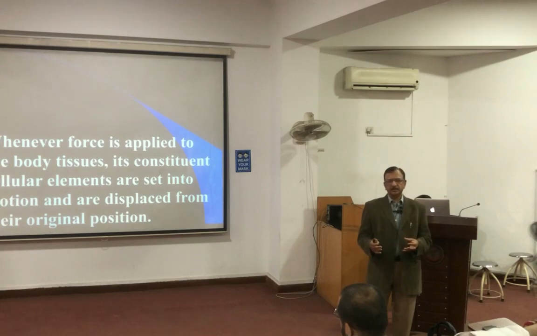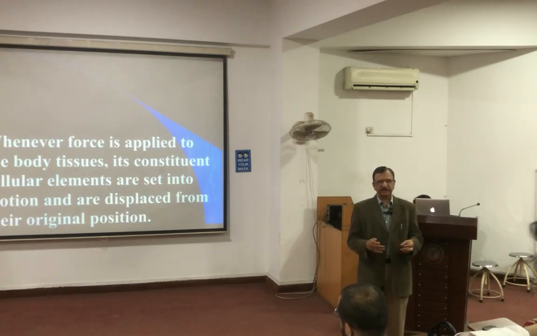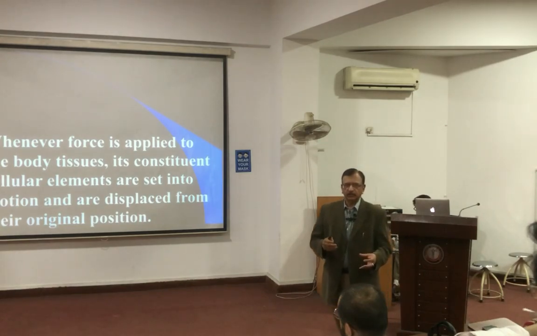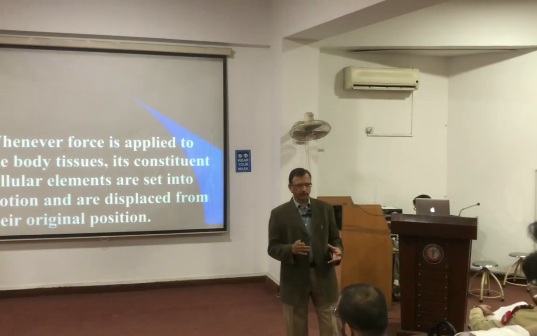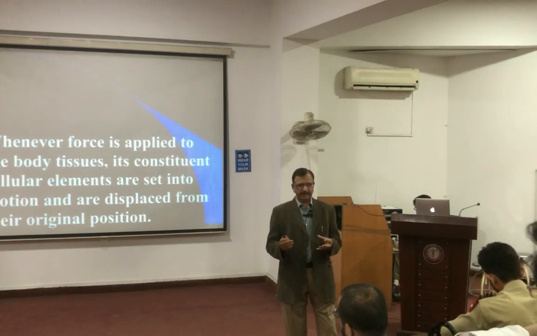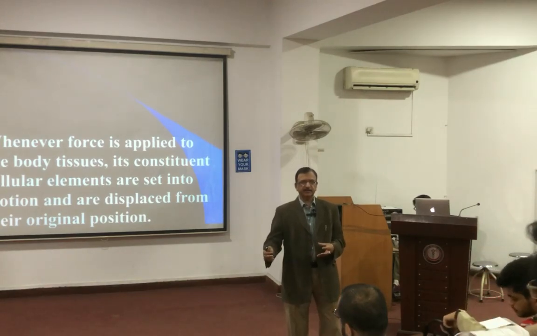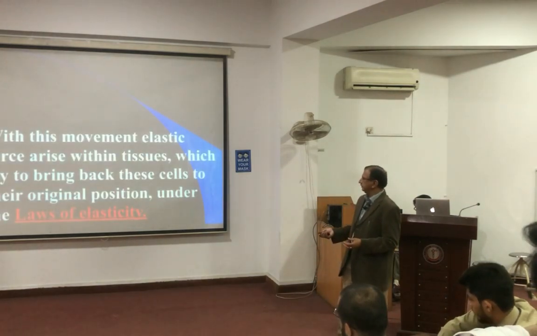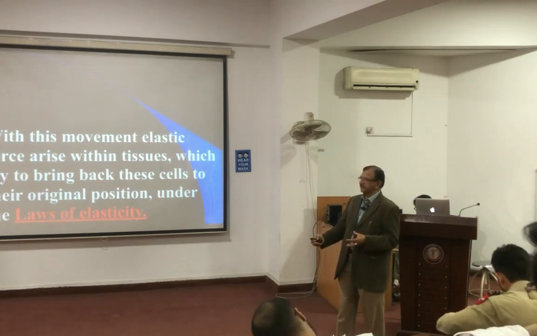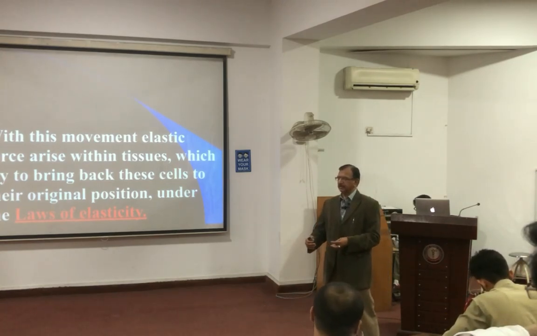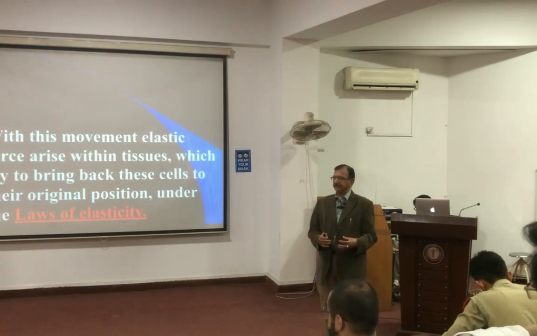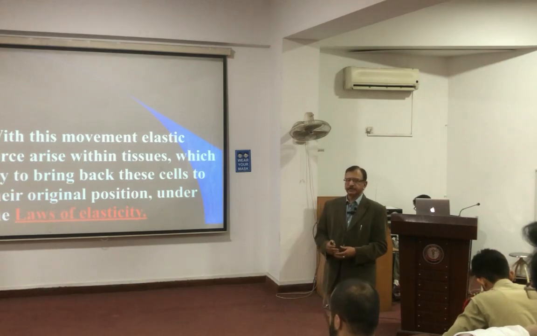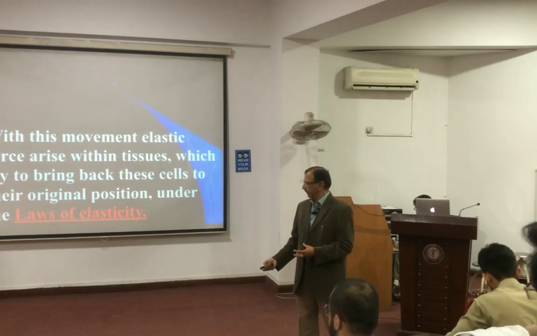That's why they are changing the shape, they are adapting, they are resisting, because there is a space which allows them a movement up to an extent, and when that extent is exceeded, then the distortion will occur. So they are under the laws of elasticity, that they are elastic up to an extent. They can slide, they can move by the application of force up to a certain limit.